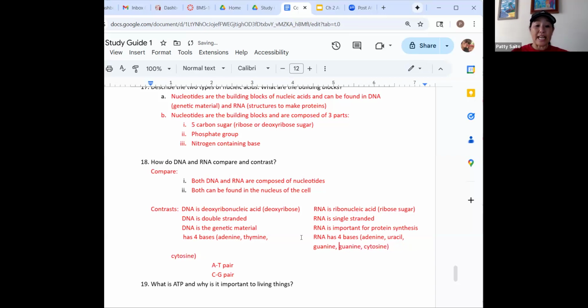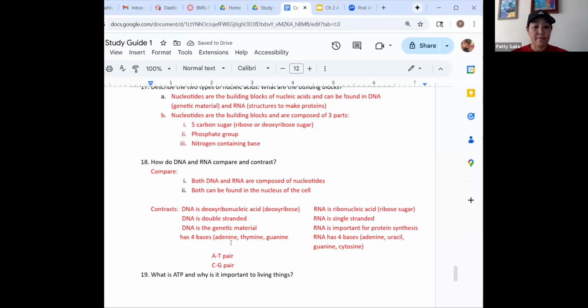Those nitrogen-containing bases: DNA has 4 bases: adenine, thymine, guanine, and cytosine. Whereas RNA has adenine, uracil, cytosine, and guanine.